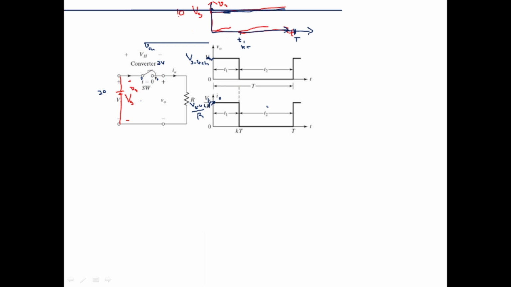So the current flowing is 20 minus 2 divided by this resistance R.